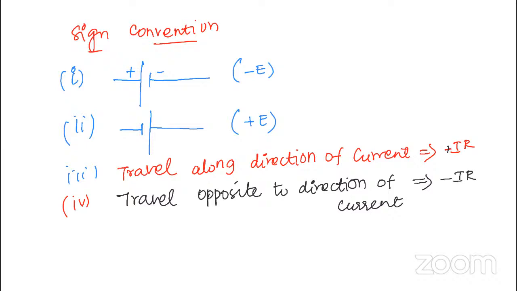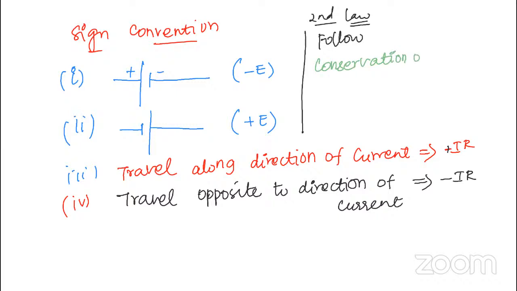So this law mainly follows the second law. Okay, the second law, very important point. It follows the conservation of charge. Conservation of charge is the first law, and here the second law is the conservation of energy or conservation of electric field.